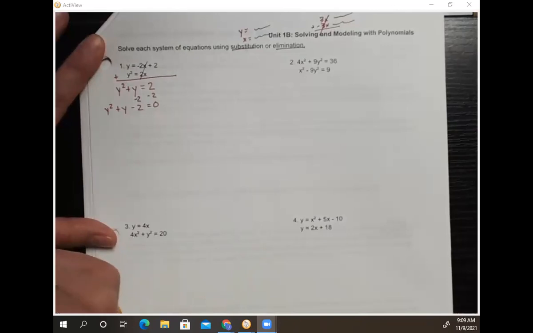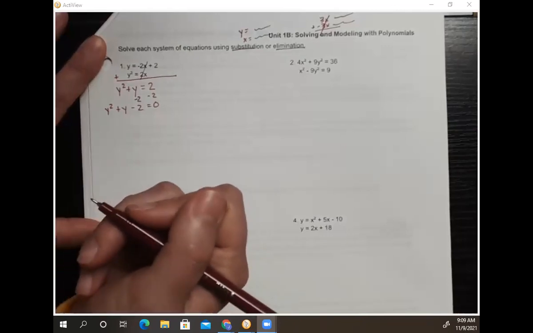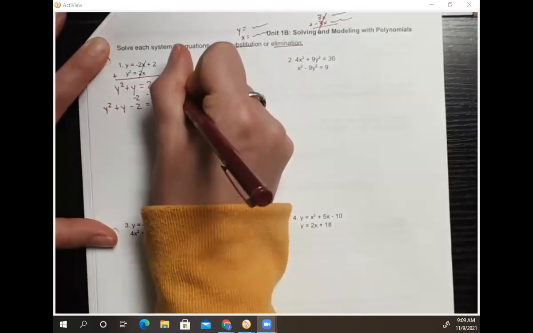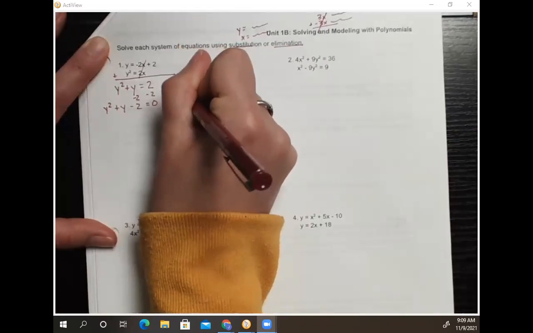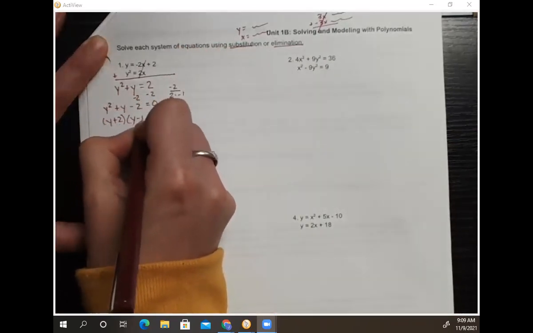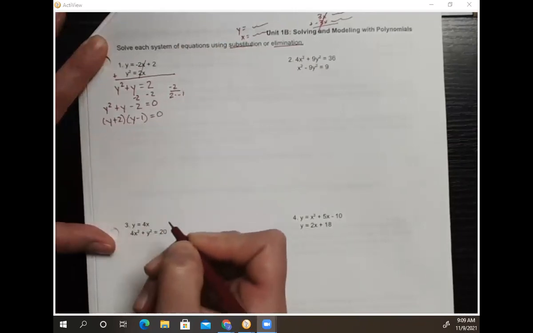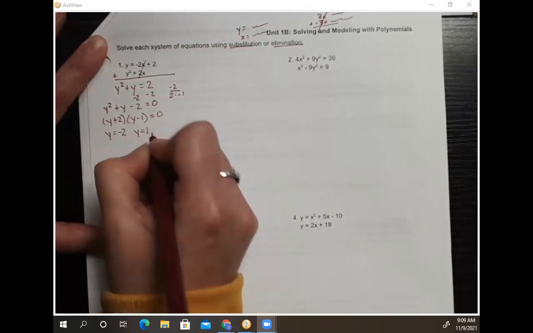If you wanted to use quadratic formula here, you could, but I think factoring would be a little bit faster option. So factors of negative 2 that would add to 1 would be 2 and negative 1. So this would be y plus 2 times y minus 1. So my solutions here would be y equals negative 2 and y equals 1.